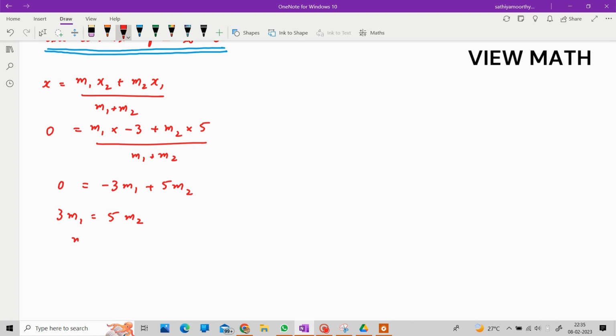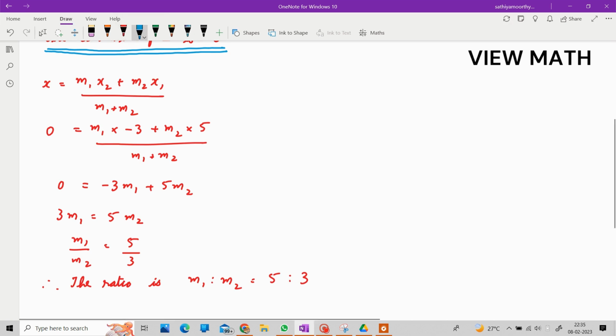Now m1 by m2 is equal to 5 by 3. So we have found out the ratio. Therefore the ratio m1 is to m2 is equal to 5 is to 3. So we have found out the second part.